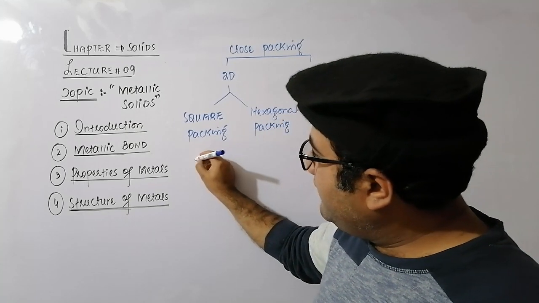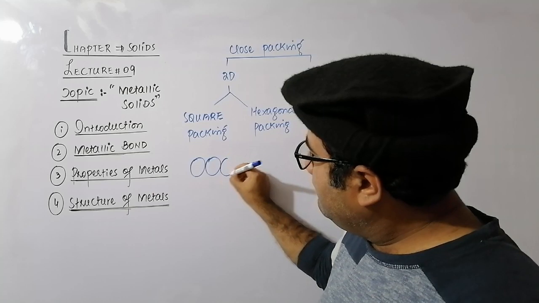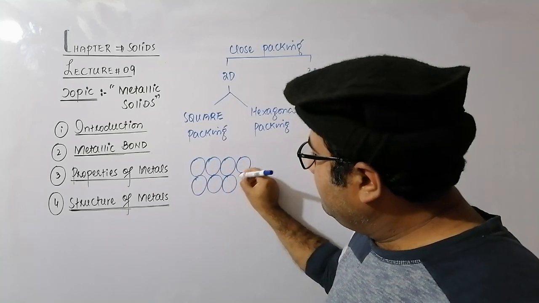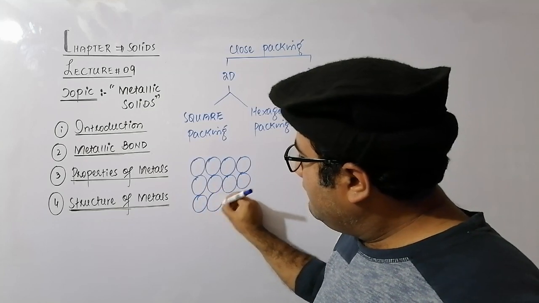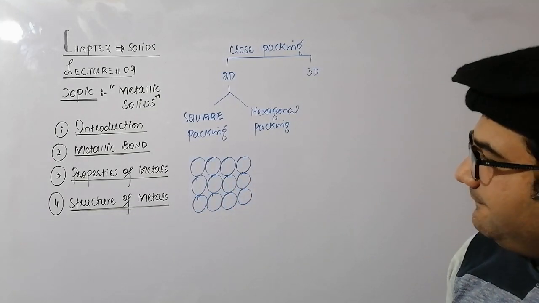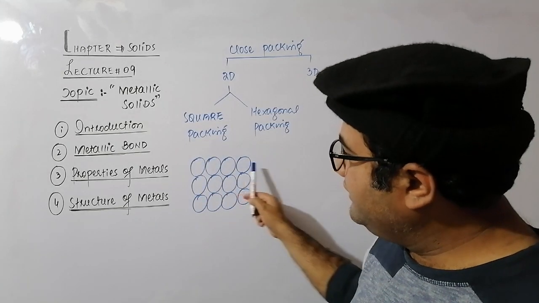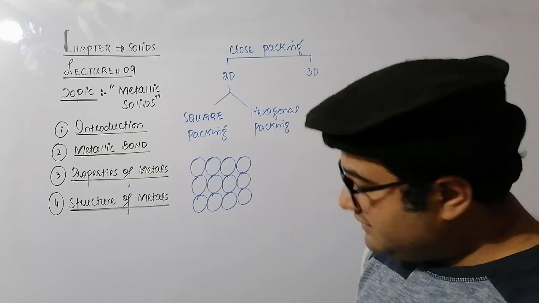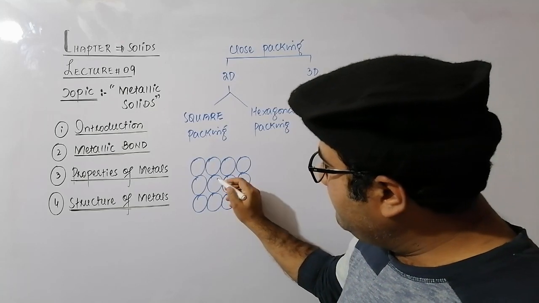In case of square packing, the atoms of the metal lie over each other both horizontally as well as vertically. Just like the atoms are lying on each other horizontally and vertically. And one atom is touched by how many atoms?